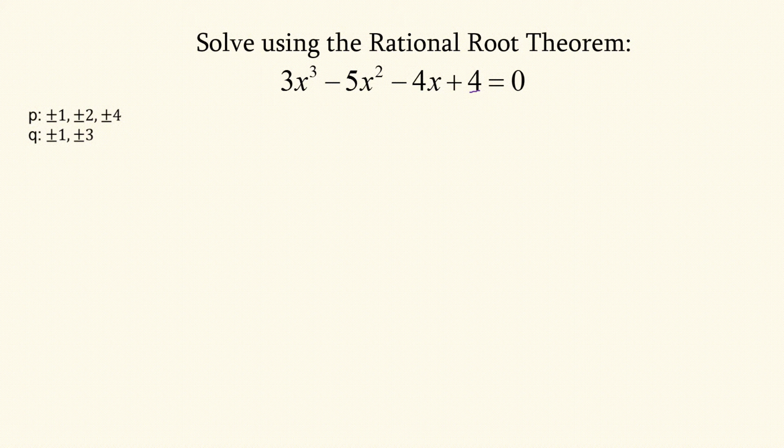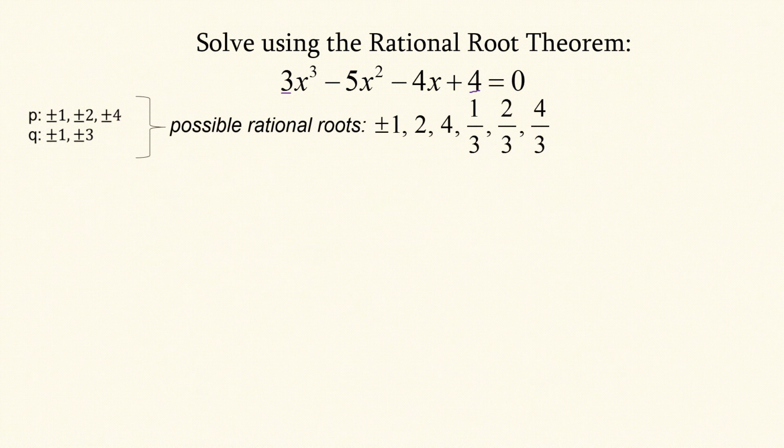Then, yung factors natin for Q, which is yung ating leading coefficient na 3 ay we have positive and negative 1 and 3. Then, after that, susulat na natin siya in the form of P over Q para makuha yung mga possible rational roots.